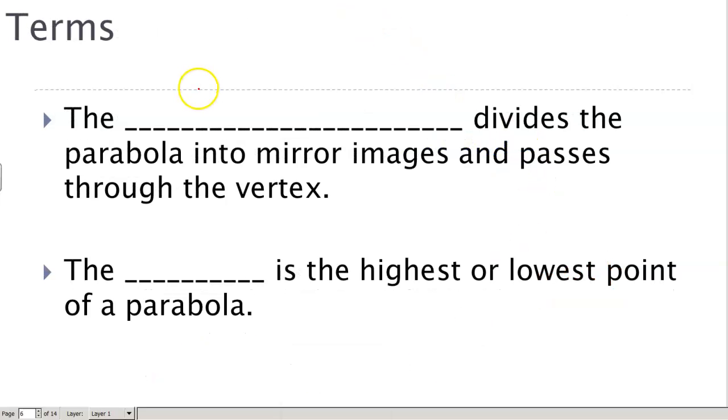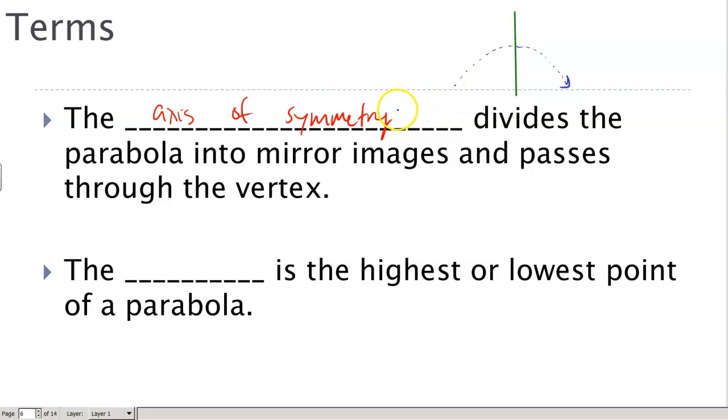Some more terminology for you to put down here. The axis of symmetry divides the parabola into mirror images and passes through the vertex. Basically, every parabola that we have is symmetrical. And there is this vertical line right down the middle that we put a fancy name to.